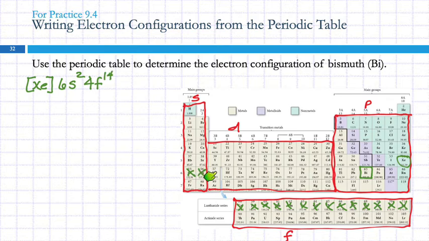And now we're going to get back up to here. So we're in row 6. That's n equals 6. The D block sank down, and so this isn't 6, it's 5. So 5d, and we're going to count those electrons. There's 10.